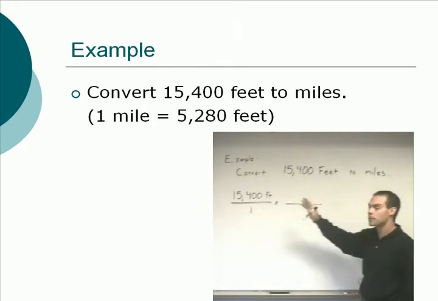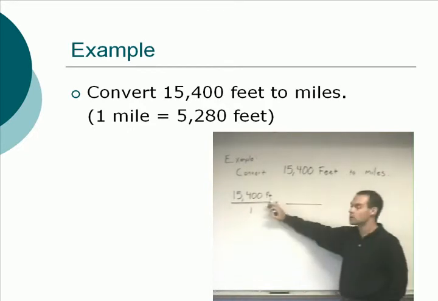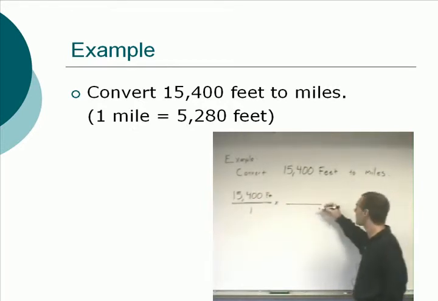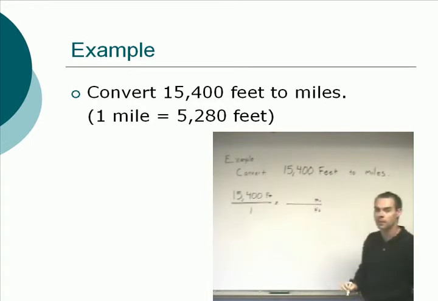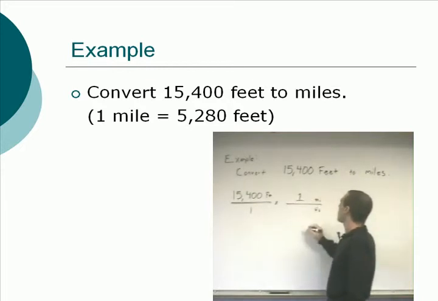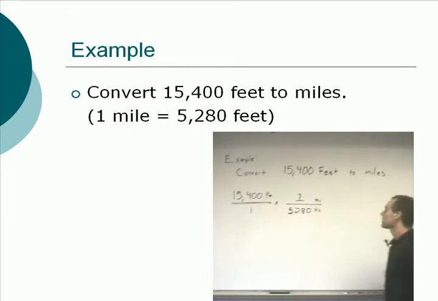Feet. So we want them to cancel off. There is a feet in the numerator. If we want it to cancel, where is the feet going to have to go in our conversion fraction? It's going to have to be in the denominator. So we're going to have feet in the bottom, which means miles is going to have to be on the top. So apparently, 1 mile equals 5,280 feet. That's the way that our fraction is going to have to be arranged.